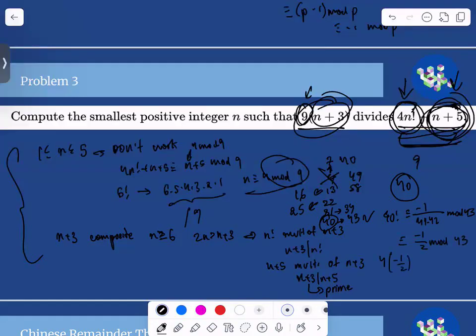And if you compute the original expression, which is 4 times 40 factorial plus n plus 5, you would get 4 times -1/2 plus 40 plus 5 mod 43, which is equal to 40 plus 5 minus 2, which is equal to 43. So that is 0 mod 43. So using Wilson's theorem, you can check that indeed it satisfies the conditions of the problem.